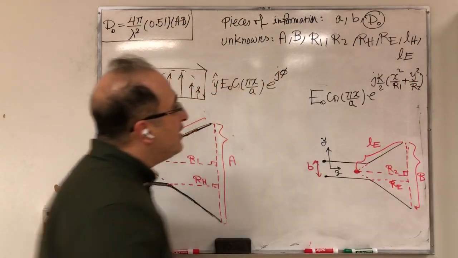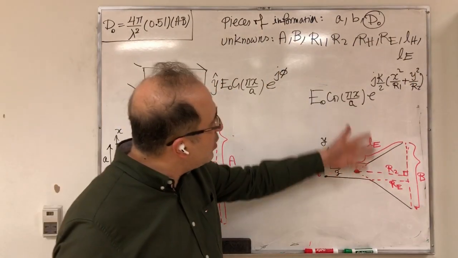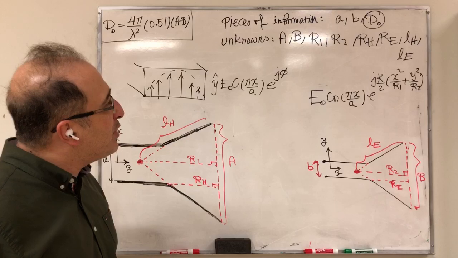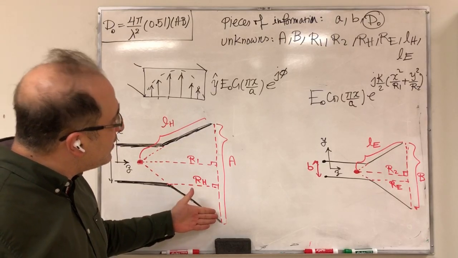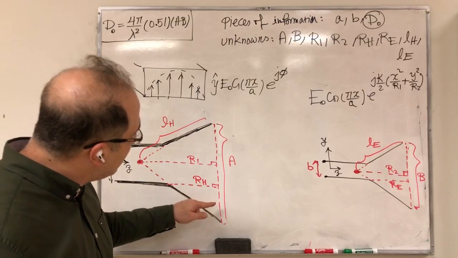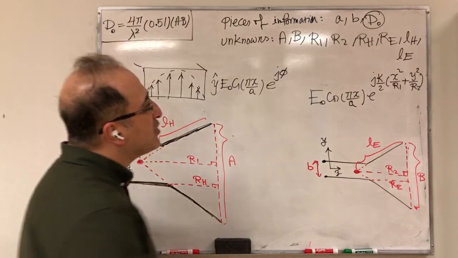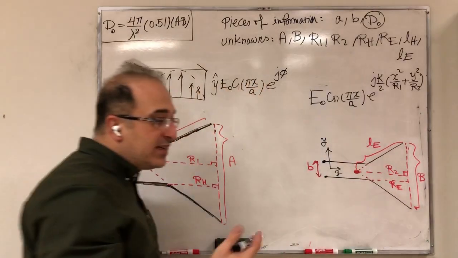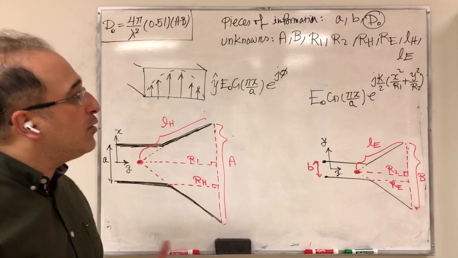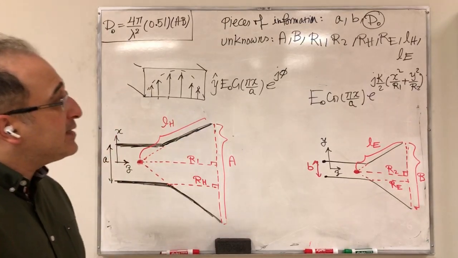So now this is your electric field over the aperture. If you look at it, at any x and y on the aperture, you get e to the power of j something. And that's essentially your phase term.